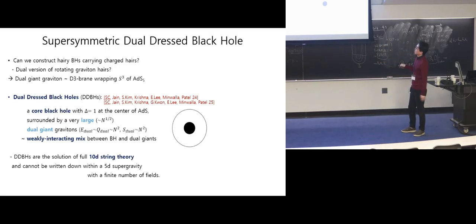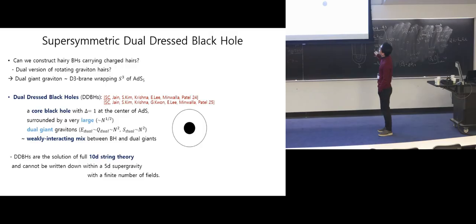That is nothing but the dual giant graviton, which is a D3 brane wrapping S3 in AdS5. So we have the supersymmetric black hole at the center of AdS5, and we consider large D3 branes surrounding these black holes, which we call dual giant dressed black holes.